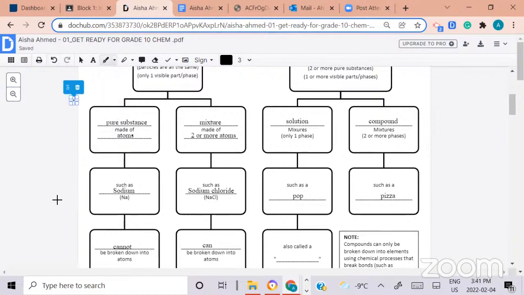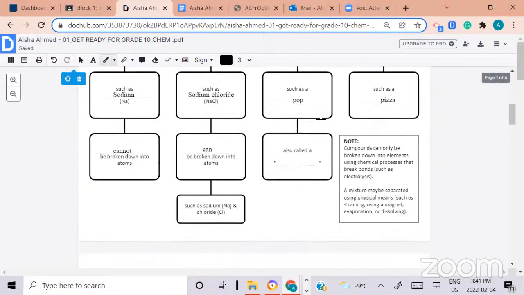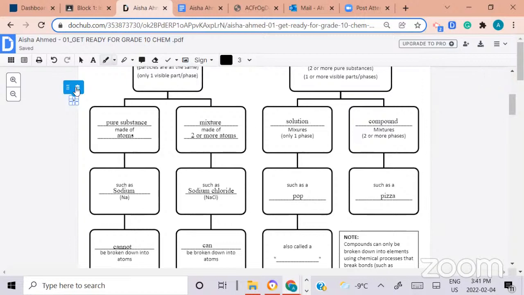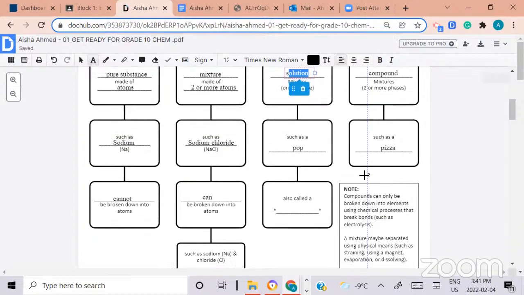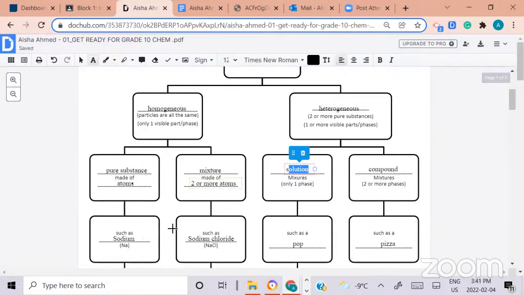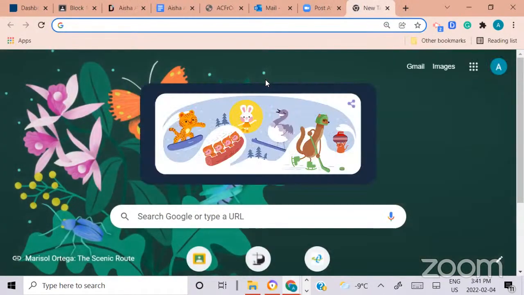Instead of pure substance, I want to say you put element. Where it says pure substance. Oh, yeah, okay, write element there. And then Google search pure substance. I think I might have mixed up the definition for that. What do I search? Just Google search pure substance definition.